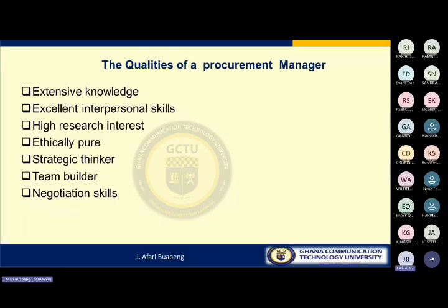Ethics, doing the right things, so that the other stakeholders will have interest and respect for the procurement processes. Once people begin to question how you execute the procurement agenda, it will negatively affect the image of the organization.